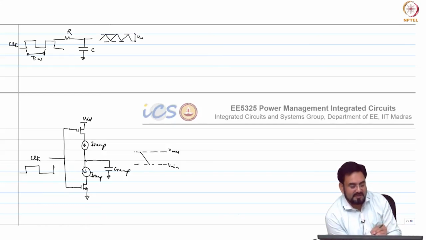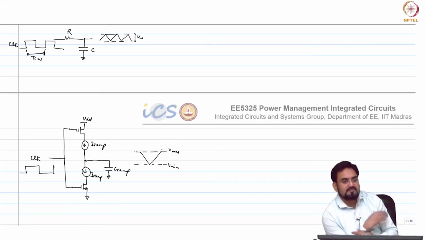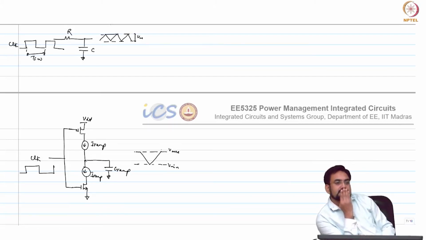When it goes to Vmin, it will charge. Yeah, but those IRAM current sources will disappear. These are not ideal current sources. No, so that is what I am asking. What is the problem? You are not able to define properly what the problem is.